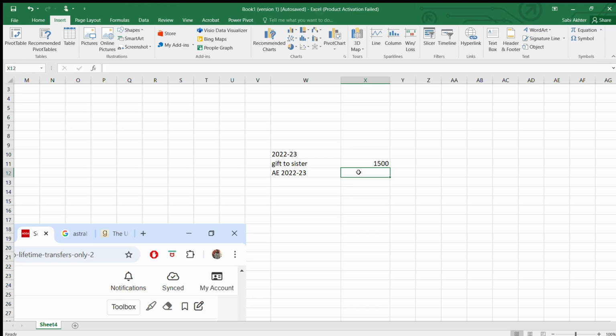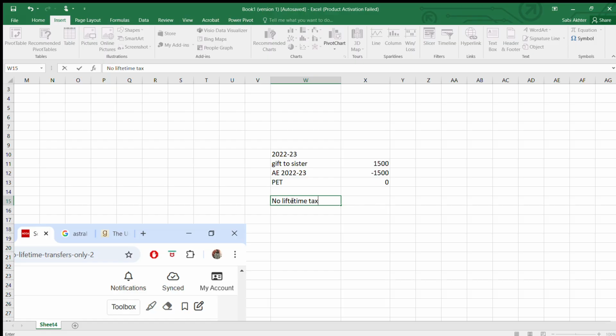It is 3,000, but it will be restricted to 1,500 because your gift is less than 3,000. So here it is 0. And you have to write whether it is a chargeable lifetime transfer or a PET. Because it's a gift to a sister, a gift to an individual, it's a PET. You have to mention it. So PET is 0. So here, no lifetime tax payable.